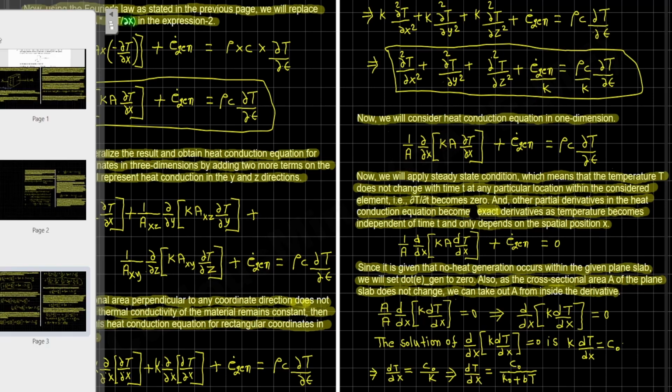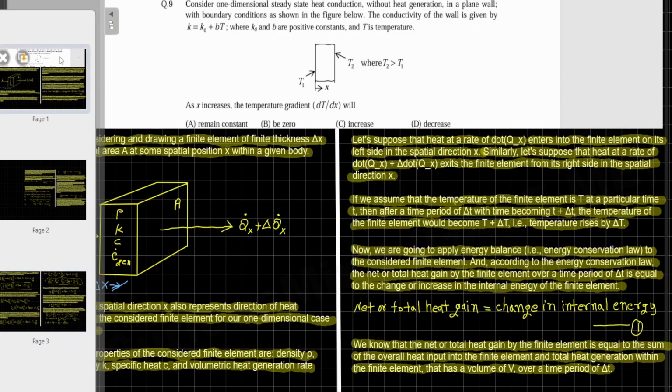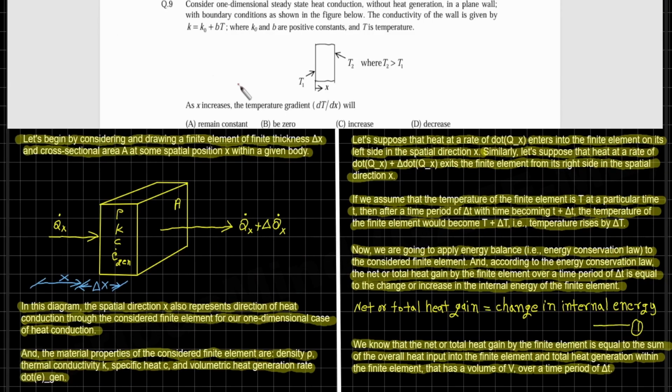So let's go back to page 1 and see which option is correct. The question asks, as x increases, the temperature gradient will decrease.